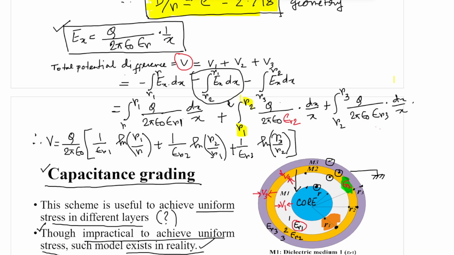Now if you look carefully, the entire thing inside this square bracket is constant. Why?